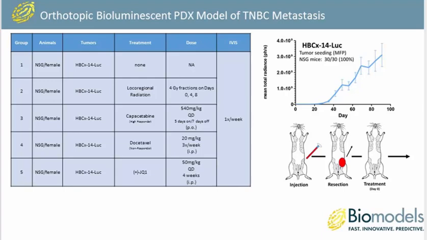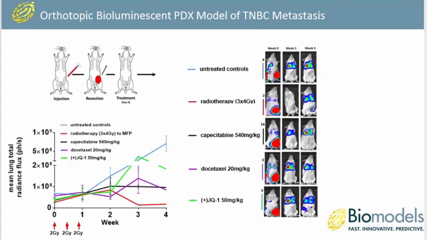So the tumors are allowed to grow up, you can see on the top right, and then the tumors are resected, and the mice are enrolled one by one at a specific tumor radius. As they're enrolled, they go on to therapy, and they're administered either radiation therapy or various standard of care or experimental therapies.